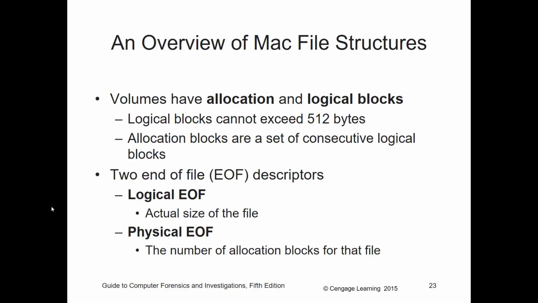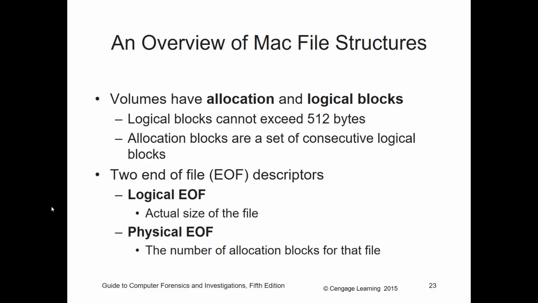Our volumes will have allocation blocks and logical blocks. You'll notice the logical blocks don't exceed 512 bytes. Not saying that they are 512 bytes, but they don't exceed it. So the allocation blocks are a set of consecutive logical blocks, and the files will have EOF, end of file descriptors. We have a logical, which is the actual size of the file, and we have a physical, which is the number of allocation blocks for that file.